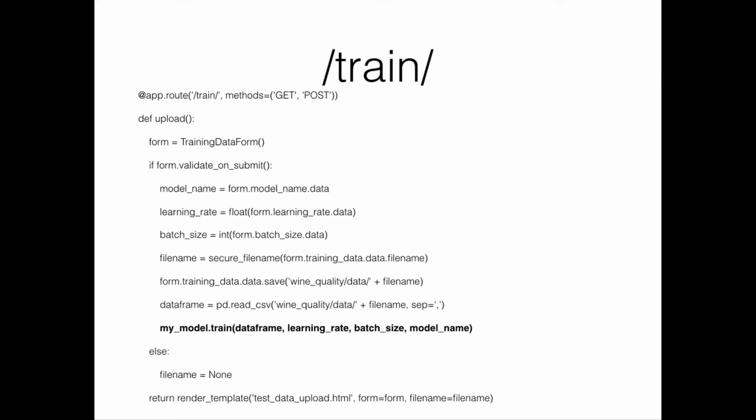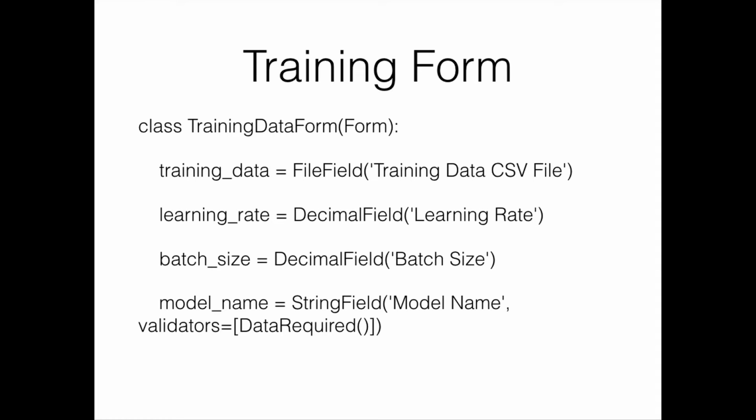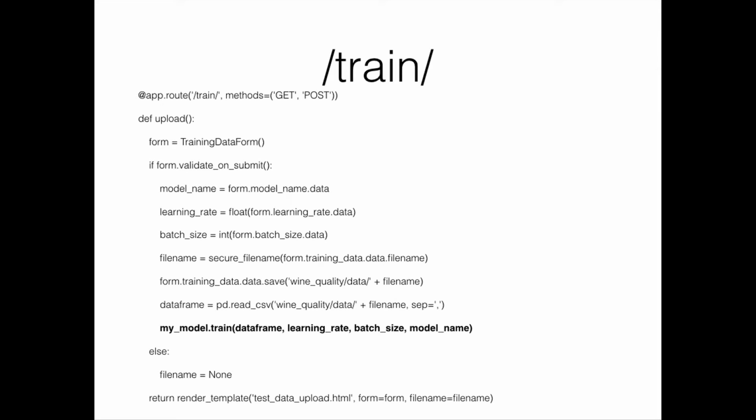The first thing we do is create this training data form and check that the form data is valid. This basically checks, as you can see here, there's a file field, decimal field. This will check that the input is of the right type and is valid.